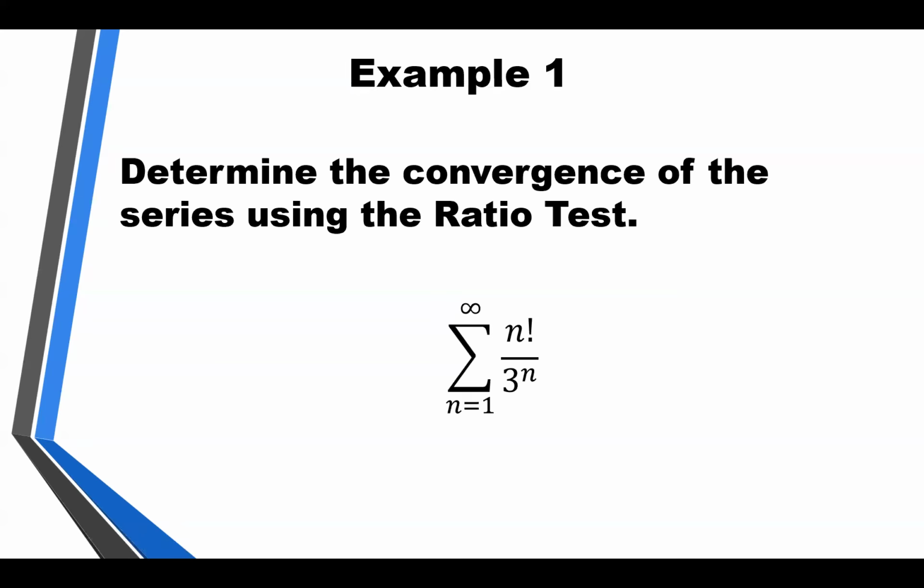So let's do that. Let's take the infinite series n factorial divided by 3 to the nth power, summed up from n equals 1 to infinity. And we'll take a look at this series in terms of the ratio test.